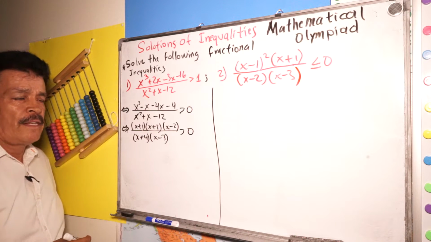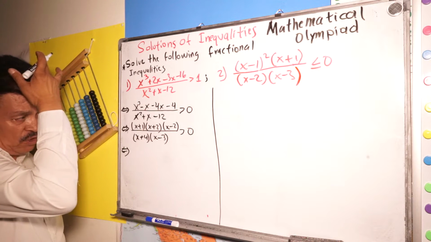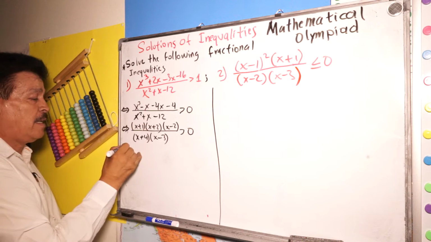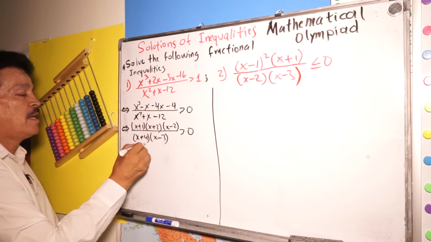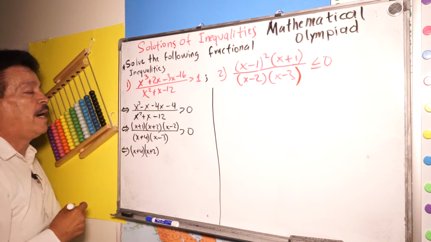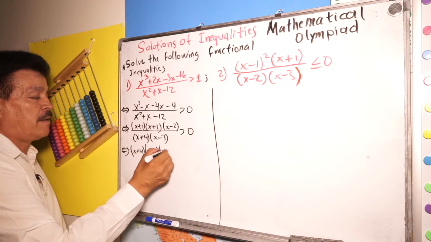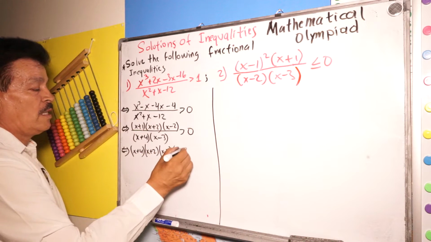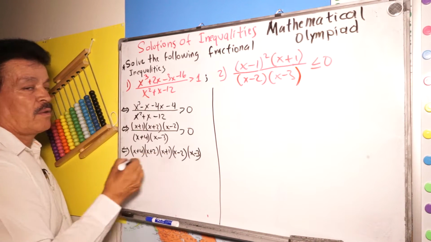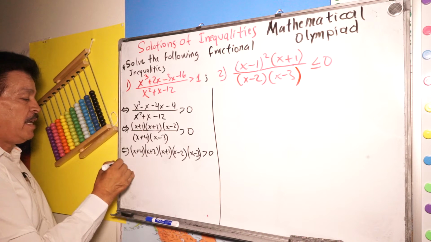So now it's very simple. Just try to simplify each step. So now (x + 4) here, times (x + 2), times (x + 1), times (x − 2), times (x − 3), greater than 0.